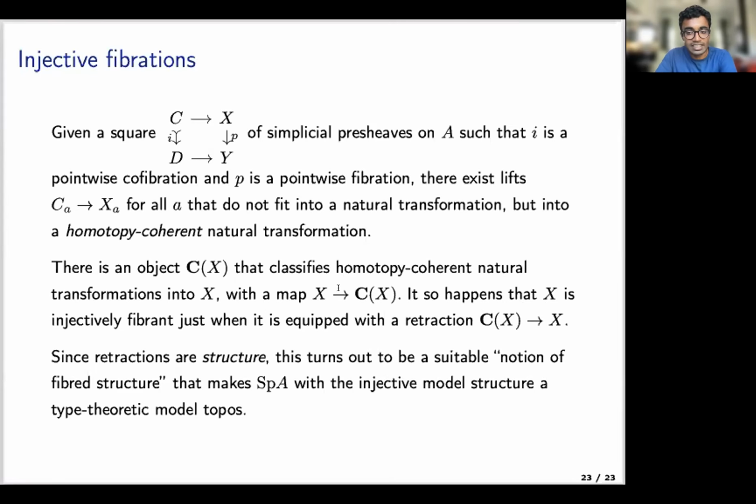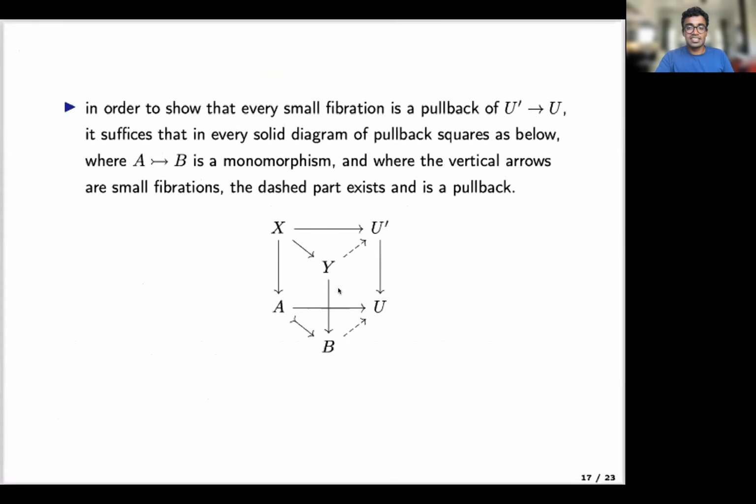And so this turns out to be a suitable notion of fibered structure instead of simply being a class of maps that's stable under pullback. So once we choose retractions that are stable under pullback, which is essentially what's contained in the data that a notion of fibered structure encodes, we can do essentially these same constructions over here, where previously we were only bothered about getting this to work, about mere existence of fibrations and of squares.